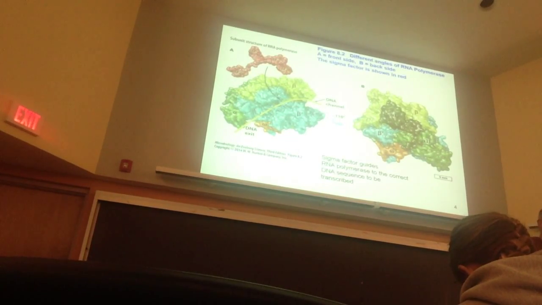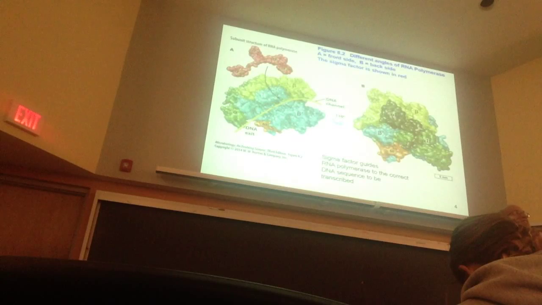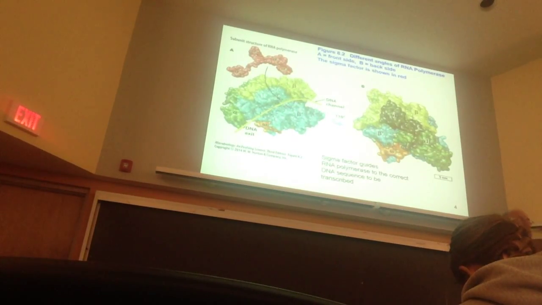So the selectivity of what genes are expressed and what genes are not expressed has to do with the sigma factors that bind the RNA polymerase. Okay? So it's the same RNA polymerase that's synthesizing aerobic genes and anaerobic genes. It's different sigma factors that lock them onto those two different genes. So really important as far as control of gene expression.